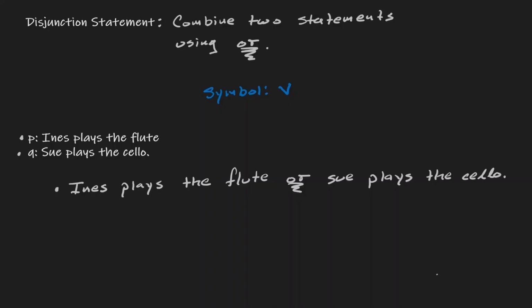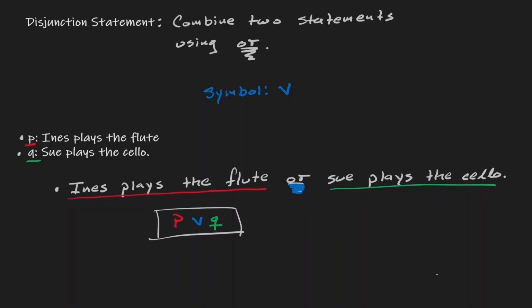But now that we have introduced these symbols, if we let P represent the statement Inez plays the flute, we can represent that as P. And now knowing that for or we have a symbol, which is a downside arrow, and we let Q represent Sue plays the cello, then this is a symbolic way of stating the same.